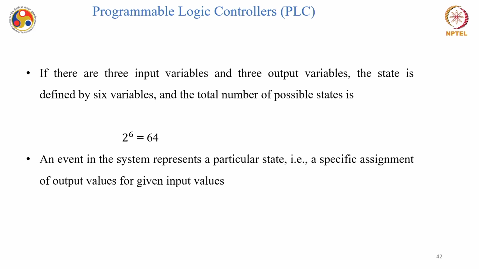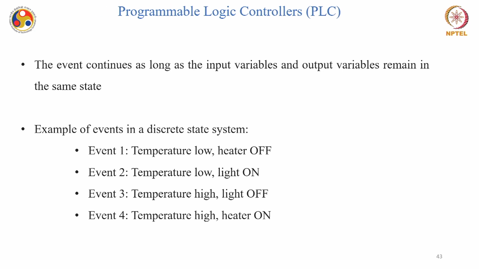So 64 possible states can be there when you have 3 input variables and 3 output variables. Okay. An event in the system represents a particular state, a specific assignment of output values for given input values. So you have a number of choices, and you can generate as many sentences as you can.